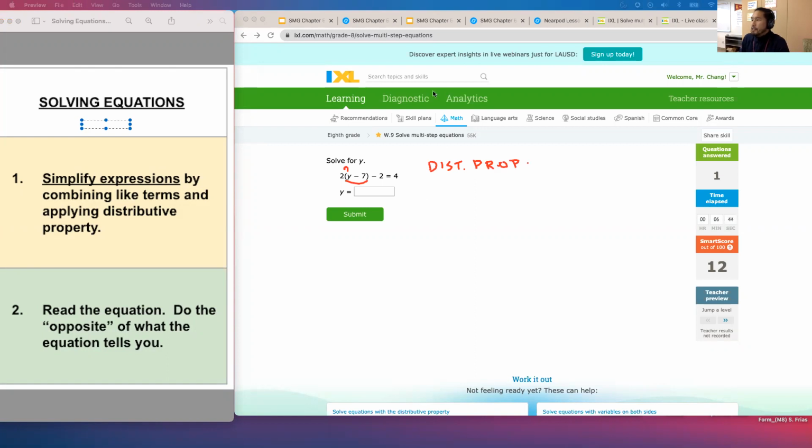Let me clean this up a little bit. There's our original equation. And I'm just going to write this here. 2 times y minus 7 minus 2 equals 4. And my first move is the distributive property. Distribute the 2.